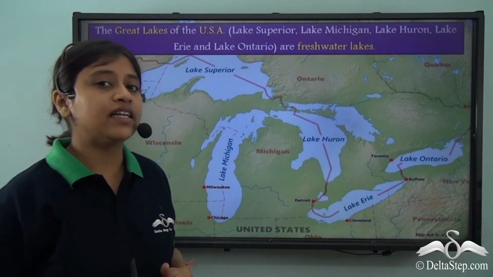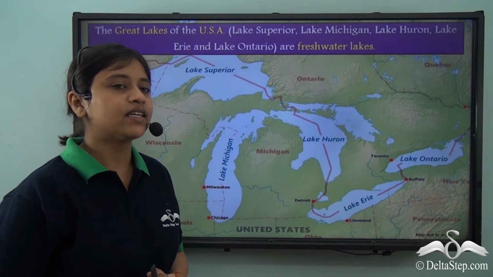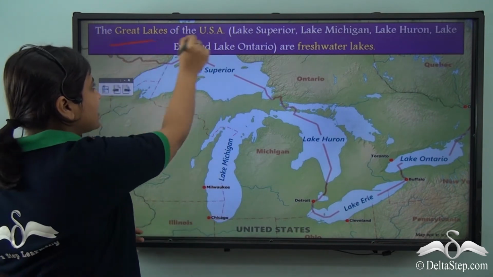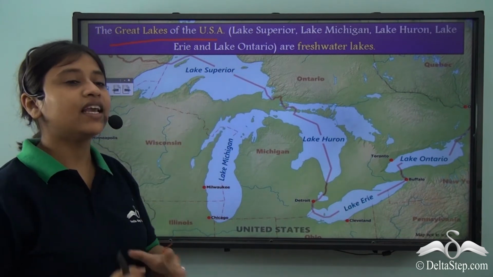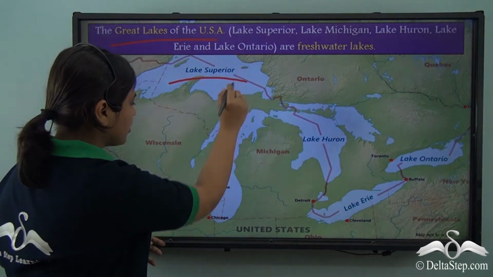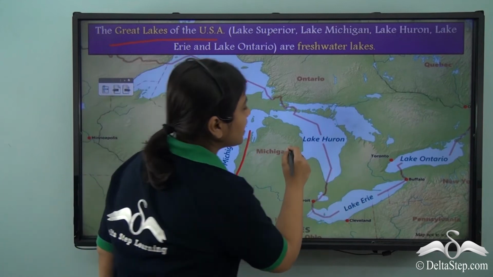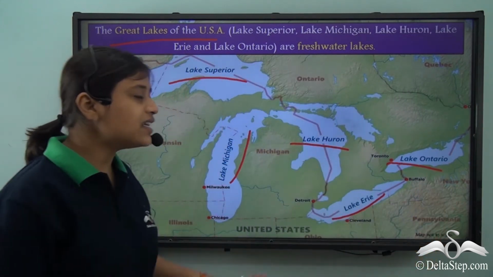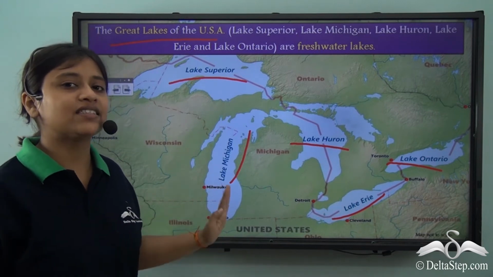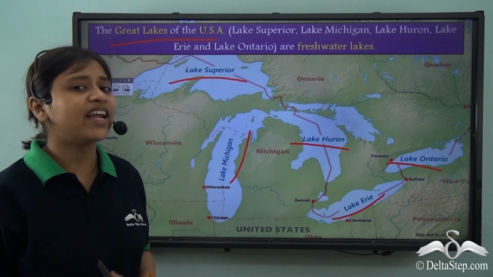Let's move on to learning some important lakes, taking reference of the Great Lakes of the USA. The Great Lakes include Lake Superior, Lake Michigan, Lake Huron, Lake Erie, and Lake Ontario. These are the five lakes that together are called the Great Lakes.